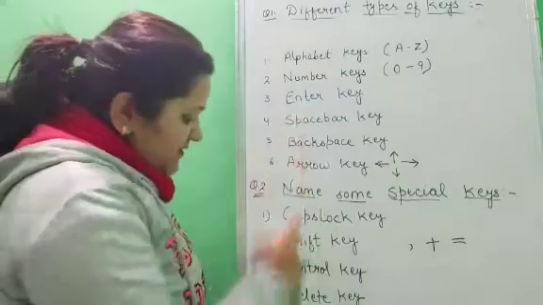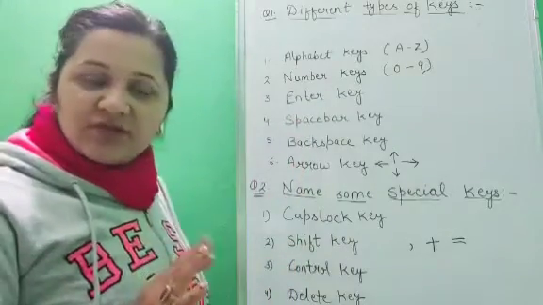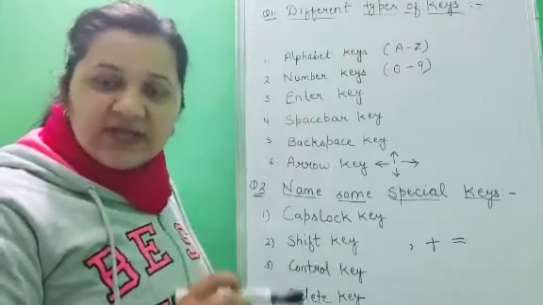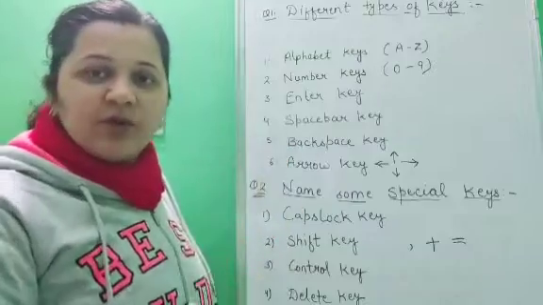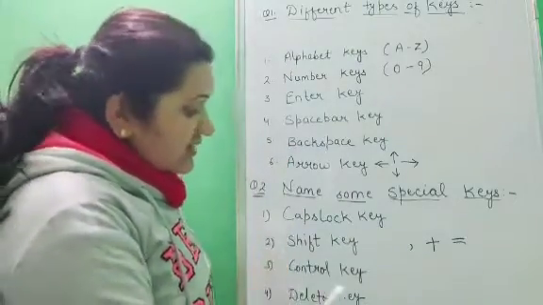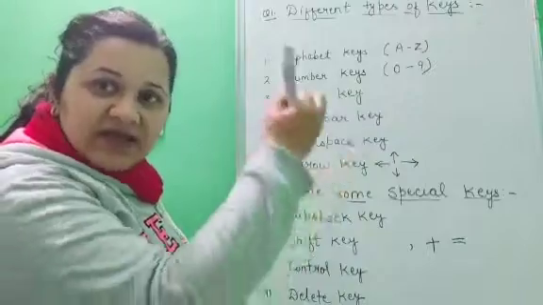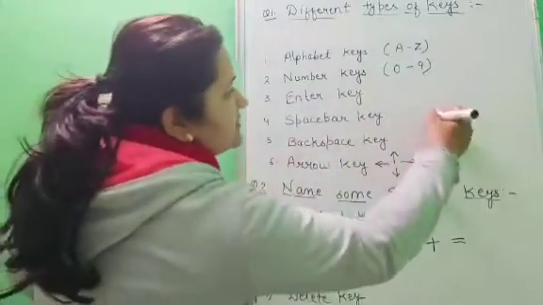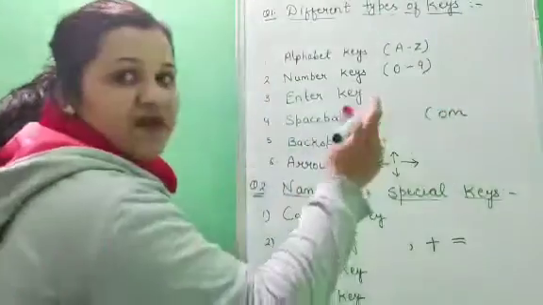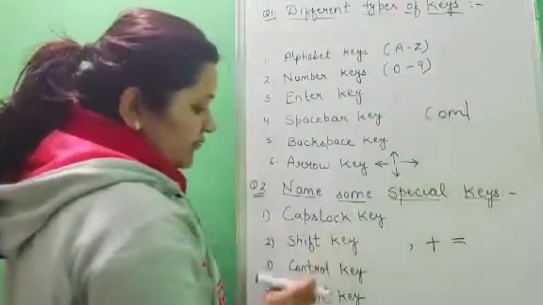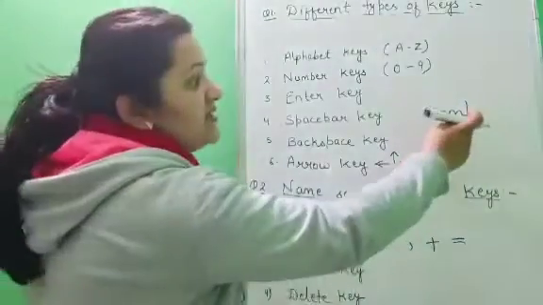Now children, the backspace key and delete key both have the same function, means they are used to erase whatever we have typed on the computer screen. The delete key is used to erase the right characters. Suppose I have written C-O-M. If the cursor is at the end and I press the delete key, it will not delete anything.